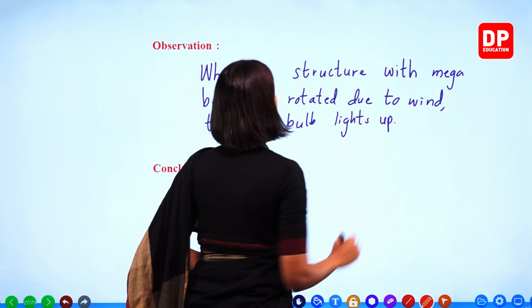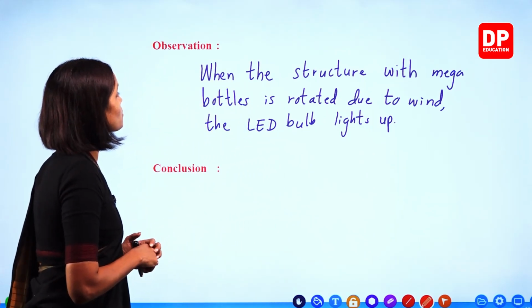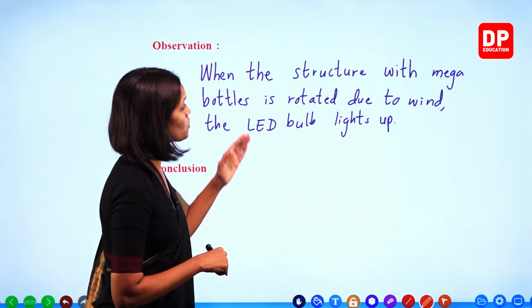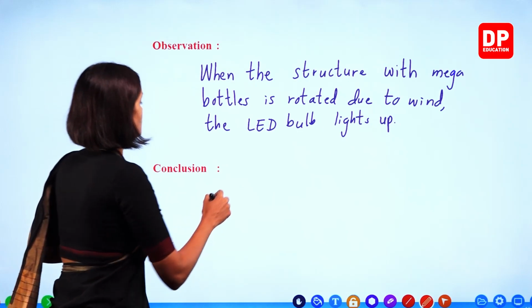Right? The observation is that when the structure with mega bottles is rotated due to wind, the LED bulb lights up. So what is the conclusion?